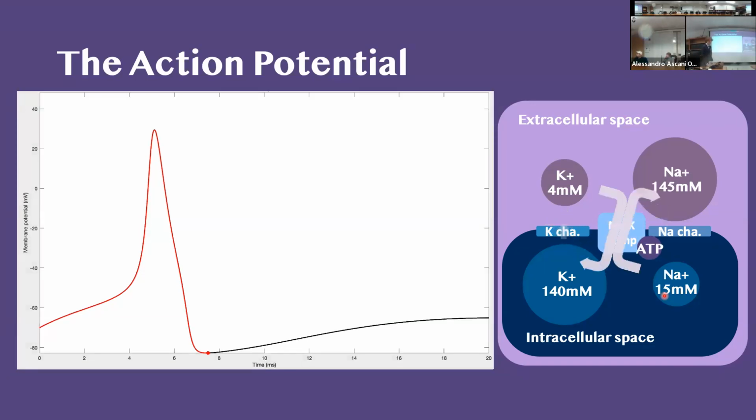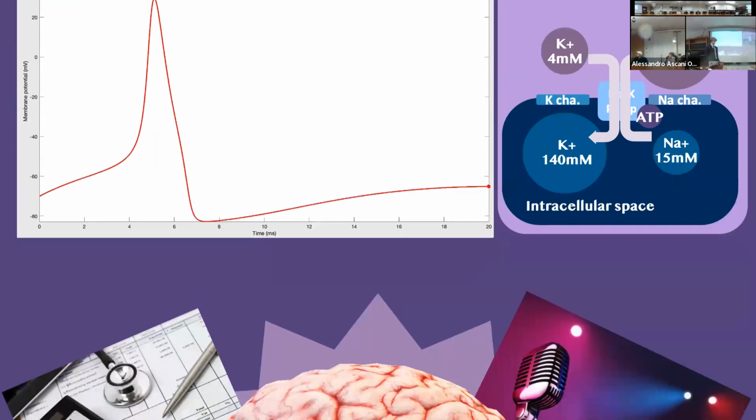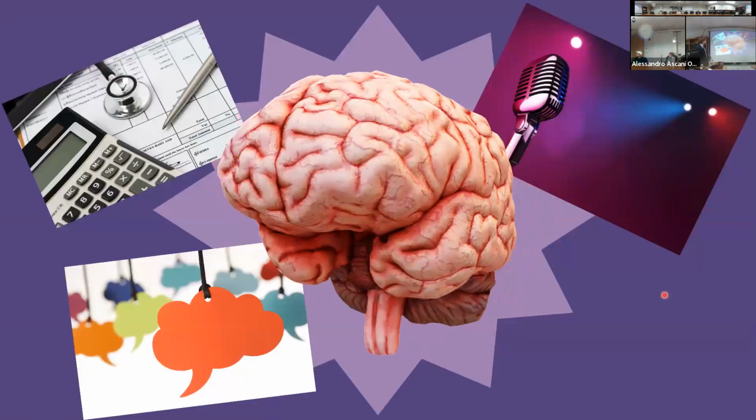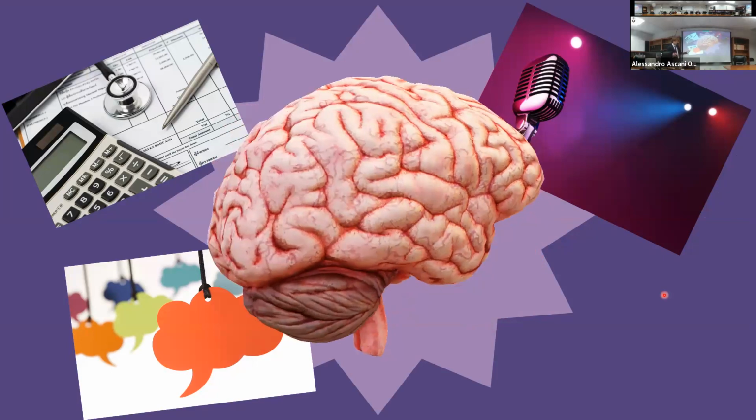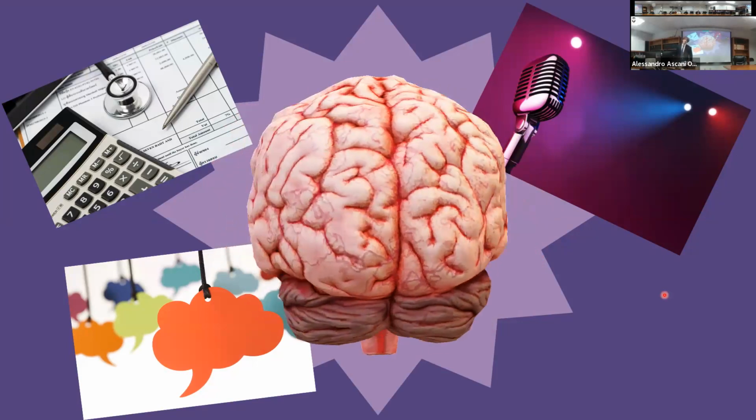So as we can see, the sodium is brought outside of the cell, while the potassium is brought inside of the cells, thanks to the ATP. And this is the basic functioning of the action potential, which, as said before, is at the base of all our thinking, the math, our thoughts, and all the circuits that compose who we are, essentially.